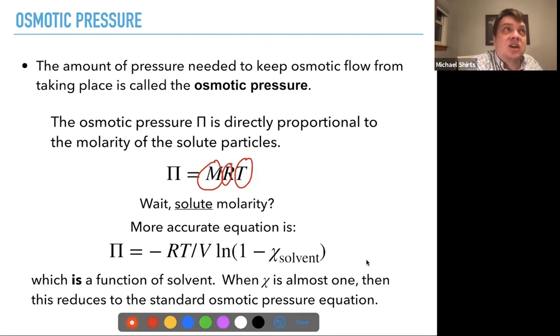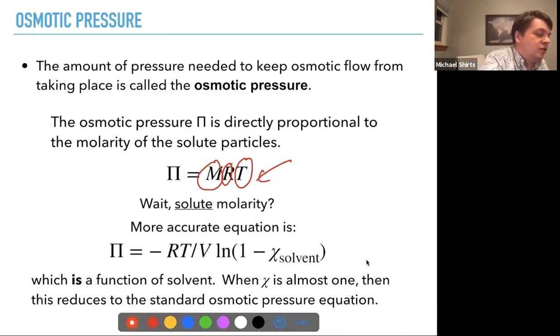So as long as the concentrations are relatively low, 1 or 2 molar or lower, this simple equation works just great, and you just have to monitor the concentration of the solute instead of the concentration of the solvent. And notice now it's in molarity, not molality.